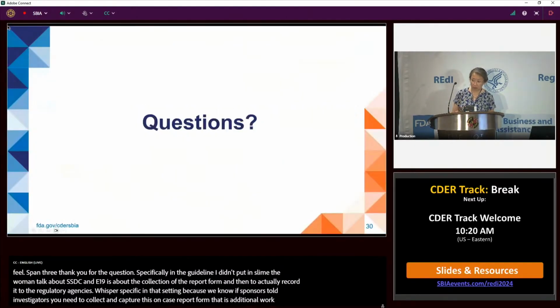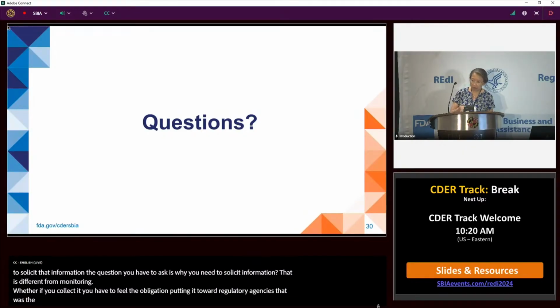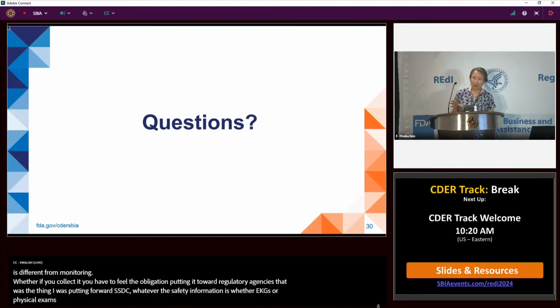That's very different from monitoring. And if you're going to collect it, then you're going to feel the obligation of actually reporting it to the regulatory agencies. So that was the distinction I was making with respect to selective safety data collection. Whatever the safety information is, whether it be EKGs or physical exams, that's not necessarily safety information, but it's a test or a procedure that you're doing.